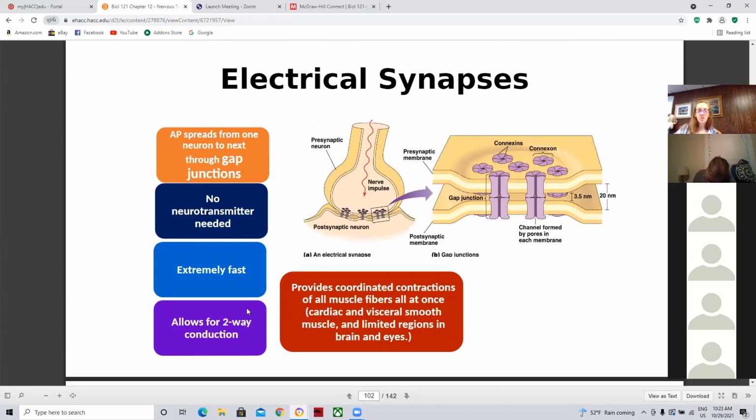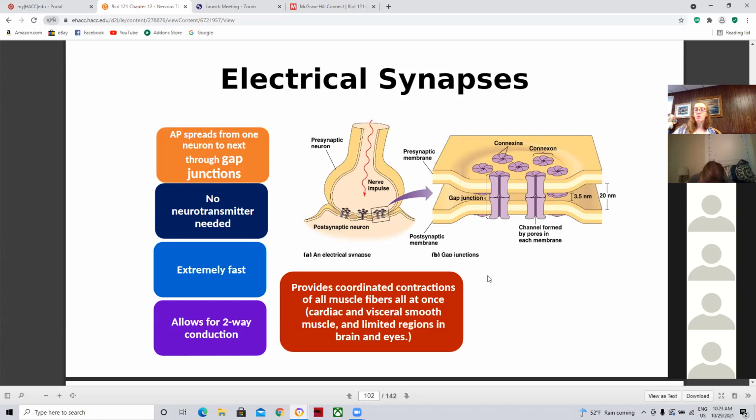So with electrical synapses, remember these, the action potential is going to spread from one neuron to the next neuron via gap junctions. There's no neurotransmitter necessary. They move extremely fast and they allow for two-way conduction.